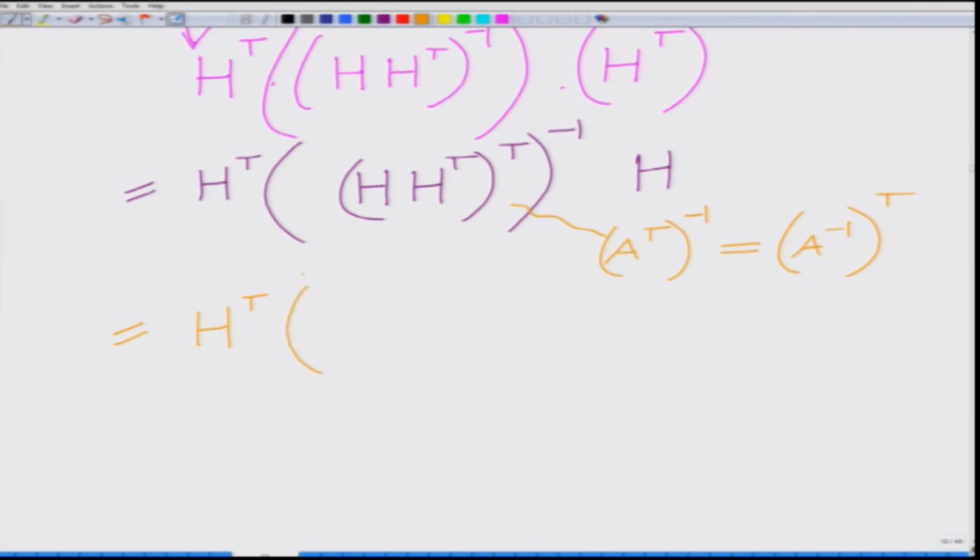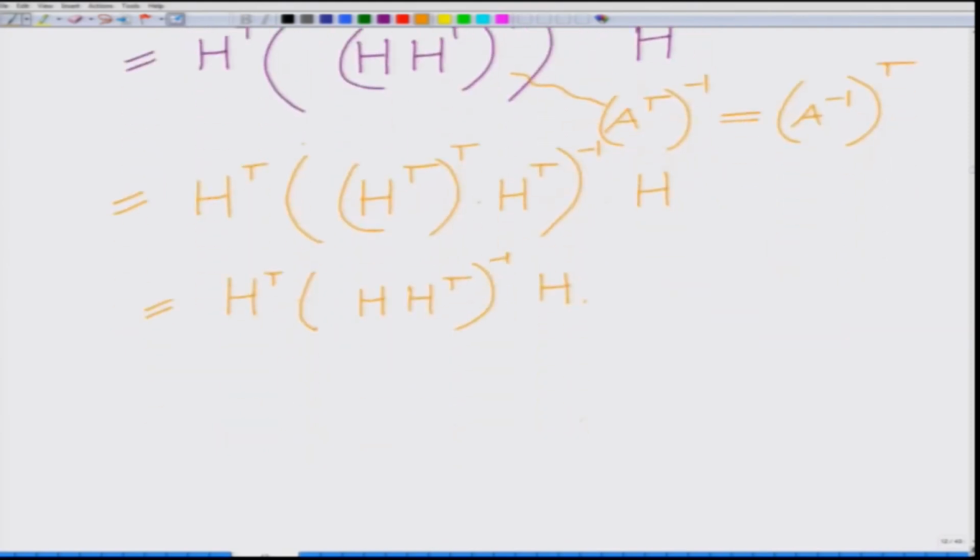Again, look here, I have the transpose of a product, which is B transpose A transpose, that is H transpose transpose times H transpose into your matrix H. Of course, there is an inverse, and now I can write this as H transpose times (H H transpose) inverse times the matrix H. So, what I have shown is that if I take the transpose of this matrix, I again get back the same matrix, that is P_H transpose equals P_H. So, P_H is the matrix which has this property that it is transpose symmetric.